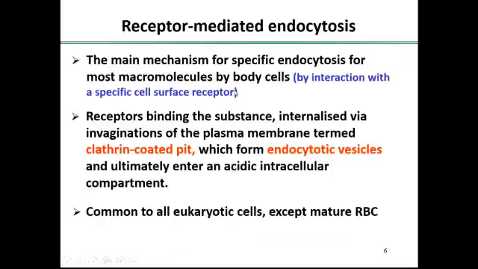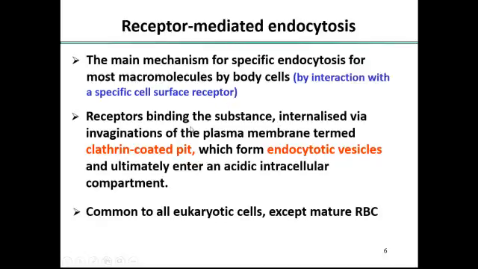Receptor-mediated endocytosis is a very important type of membrane transport. The main mechanism is that macromolecules are recognized by body cells by interacting with a specific receptor embedded on the cell membrane.